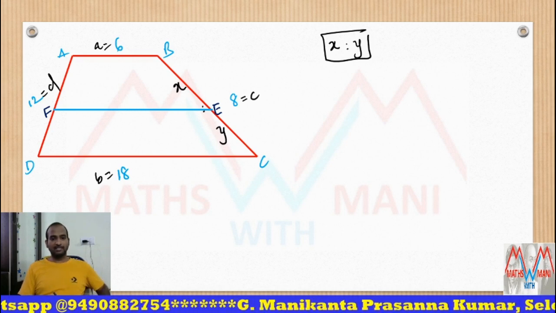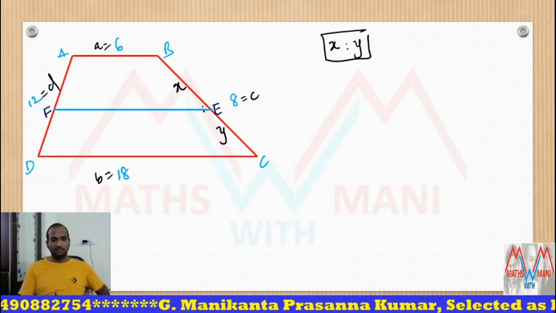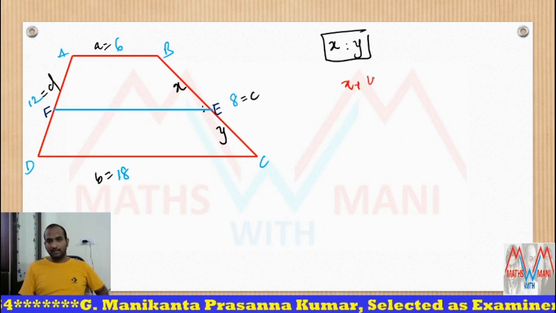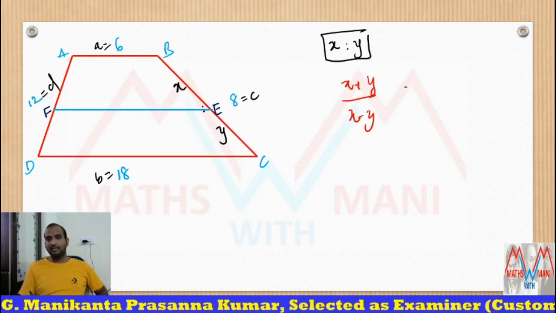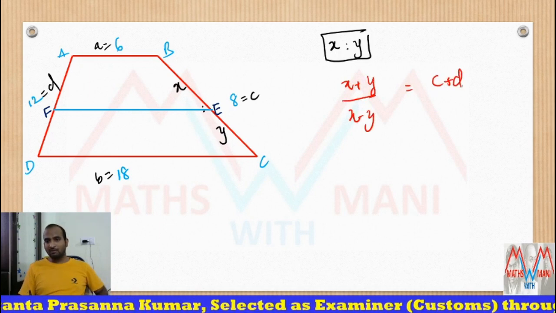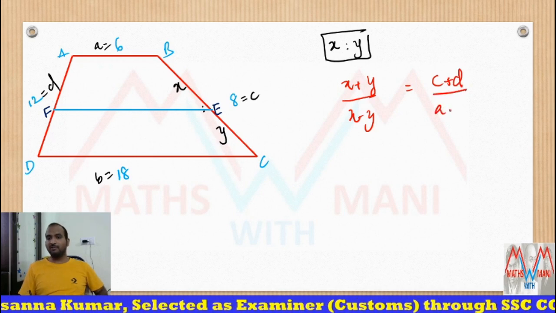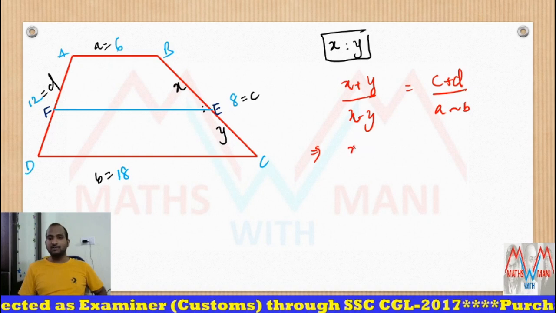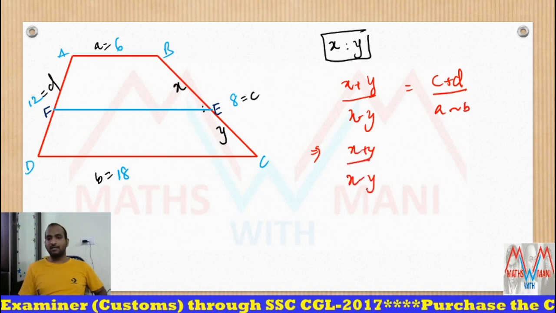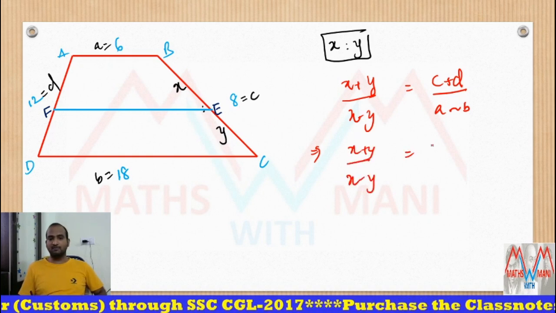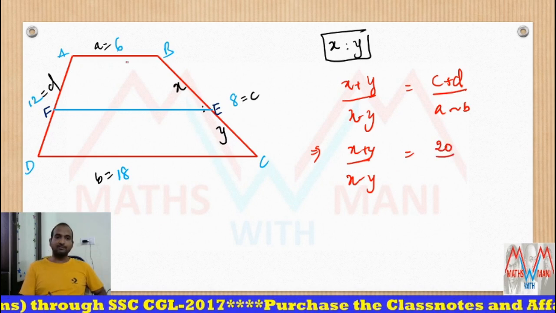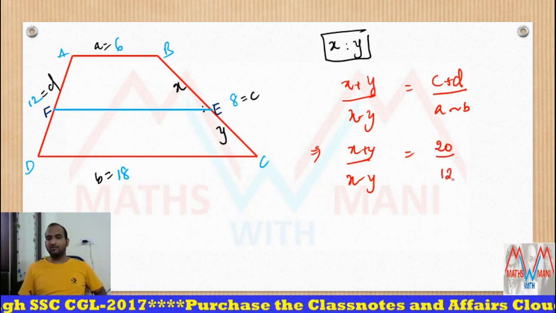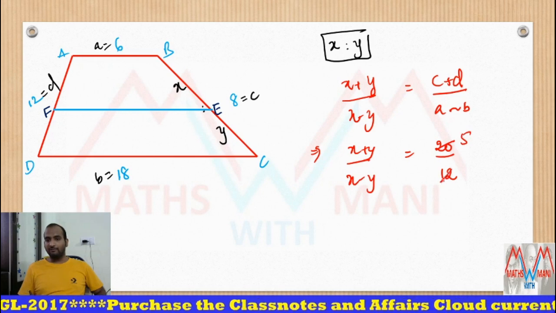What is the formula we discussed? X plus y by x minus y is equal to the sum of the non-parallel sides by the difference of the parallel sides. So x plus y by x minus y equals 8 plus 12, that is 20, by the difference of the parallel sides, 18 minus 6, which is 12. So 4 5s, 4 3s.